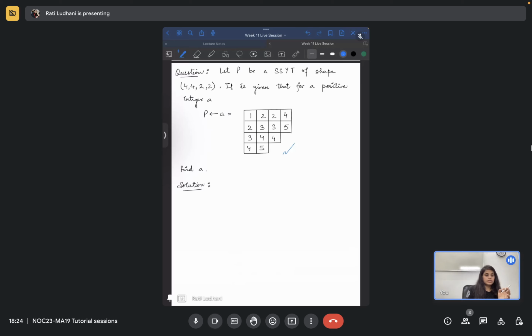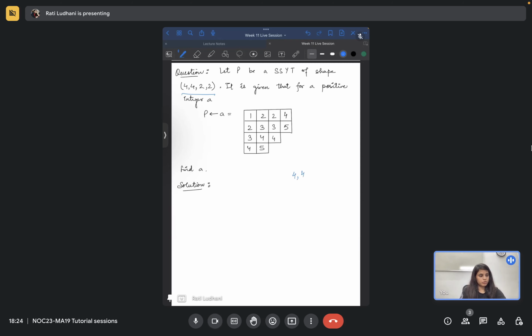First thing, you must have what exactly P is, like how exactly P looks, because as you can see 4422, if it is given that 4431, then the process will change, because it could be anything. There is just one extra box, we know that, but we don't know where exactly it is.